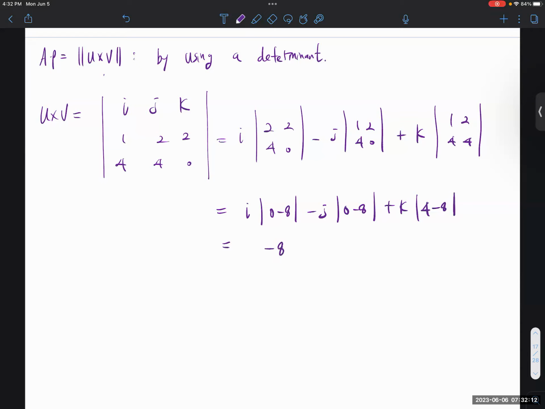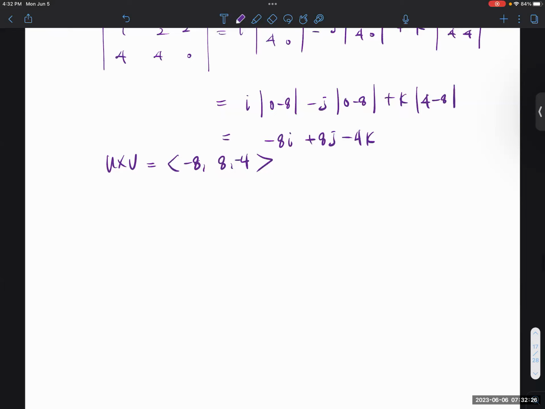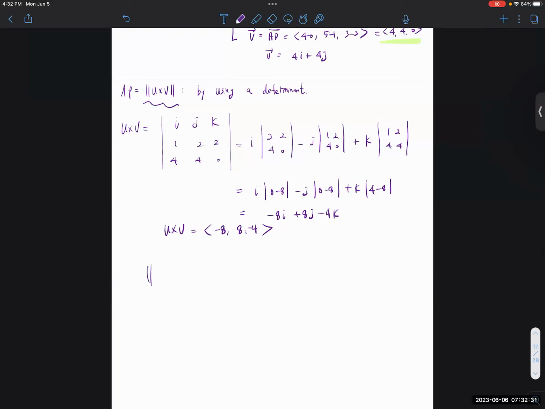So negative 8i, negative, negative, positive 8j, minus 4k. So we found out U cross V, which is negative 8, 8, negative 4. So this is the cross product of U and V. But we are looking for the magnitude.